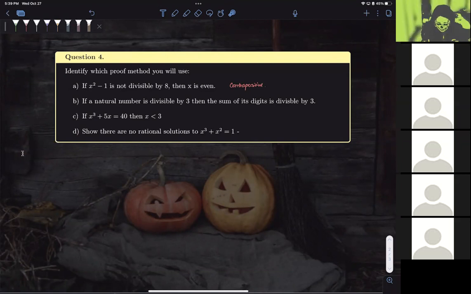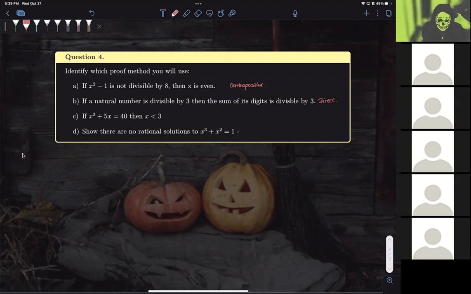Remember I told you, if you do contrapositive here, you are making it not divisible by 3. We don't want no. We want yes. So it's a direct proof.